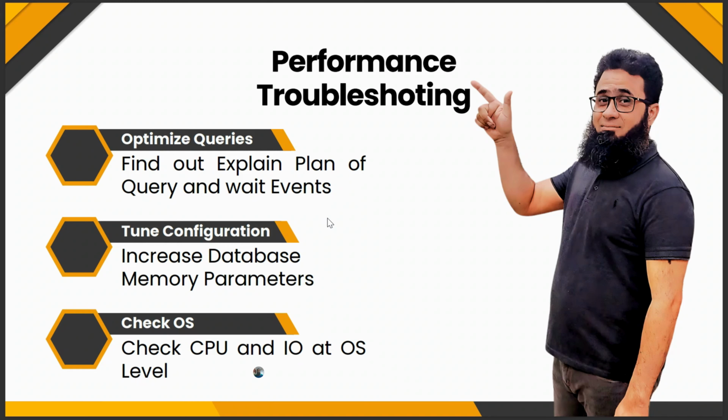You can also improve performance by increasing the memory parameters of the database. And the last one, we will also discuss this: we have to check the OS level CPU and IO. Now let's do it in our environment.